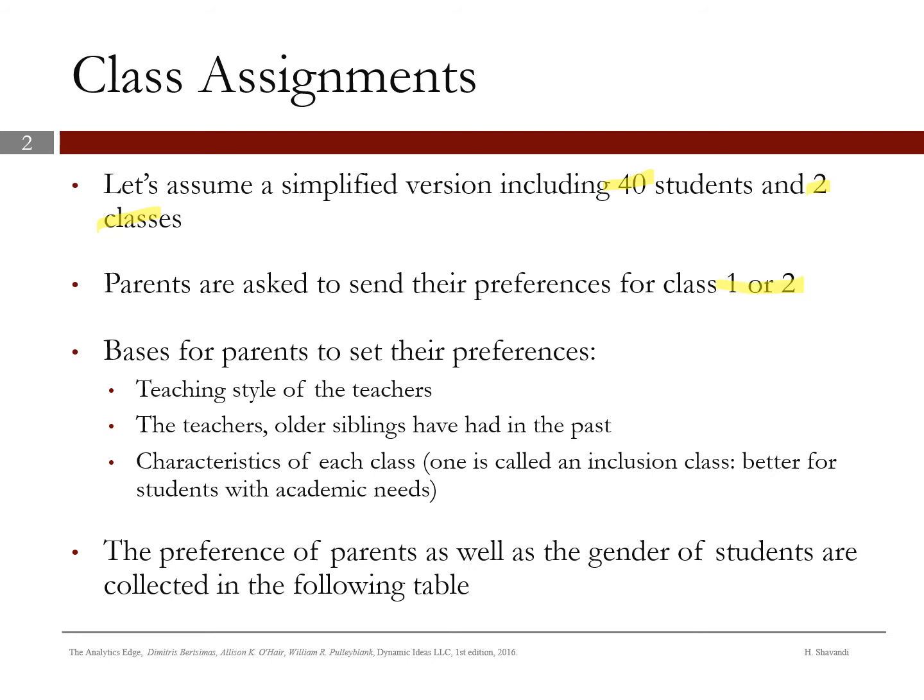The basis for preferences on the parent side could be issues like the teaching style of the teachers, the teachers that older siblings have had in the past, or the characteristics of each class. For example, one is called an inclusion class, so it could be better for students with academic needs. The preferences of the parents as well as the gender of students are collected in a table that we have in the next slide.